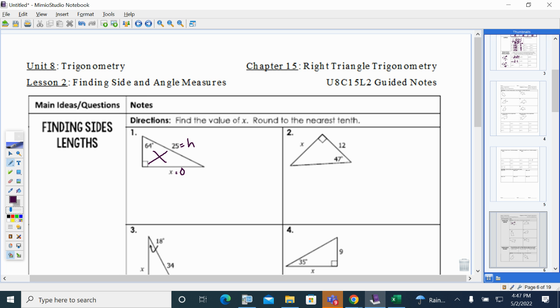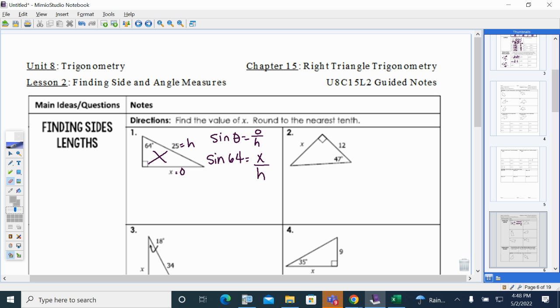If we're looking at opposite and hypotenuse, that's going to be sine. So we're going to use sine theta is opposite over hypotenuse. So sine of 64 equals the opposite, which is x, over the hypotenuse, which is 25.